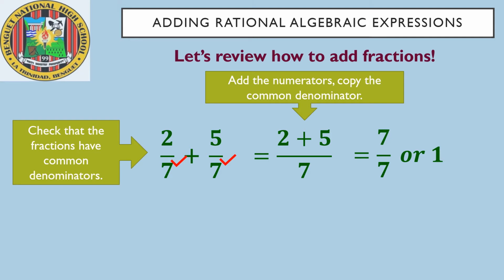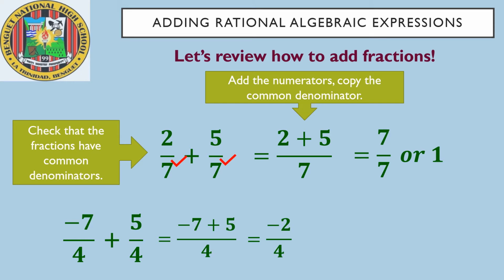Let's take a look at another example. When we add -7/4 with 5/4, we follow the same process since they have common denominators. We add the numerators and copy the common denominator, which leads us to the result, which is -2/4.